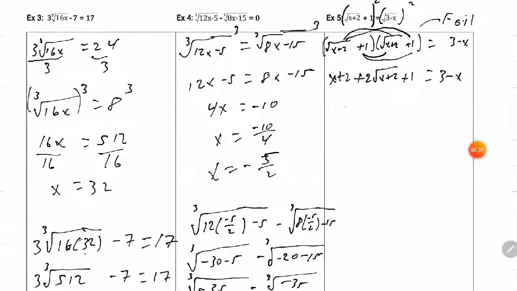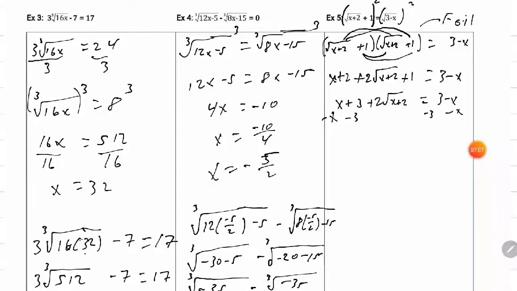Gonna simplify a little bit. X plus 3 plus 2 square root of x plus 2. And then we have 3 minus x. Okay. And since I'm down to 1 radical, I'm going to move everything to the right side and try to isolate it. So I'm going to subtract this 3, I'm going to subtract this x.